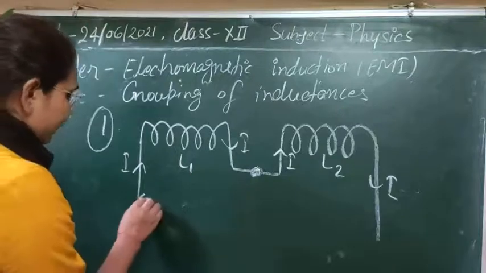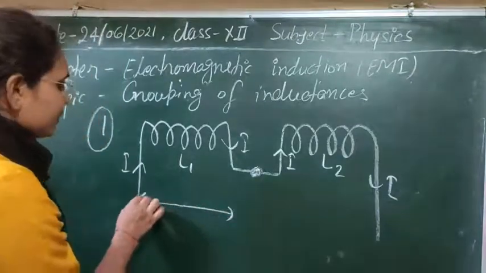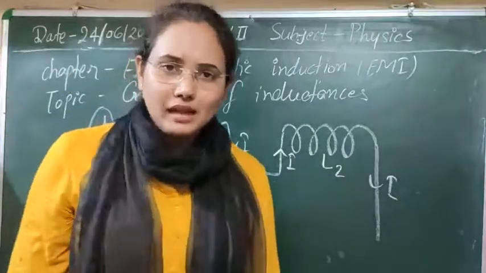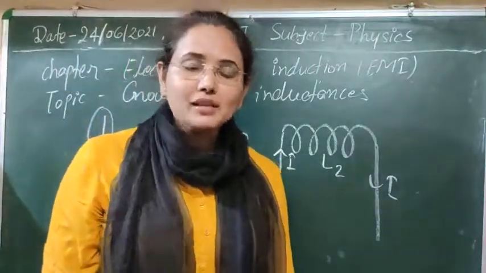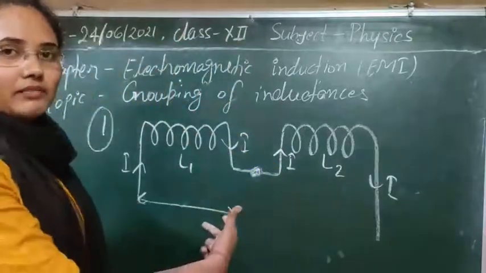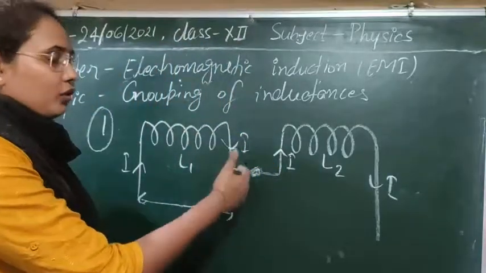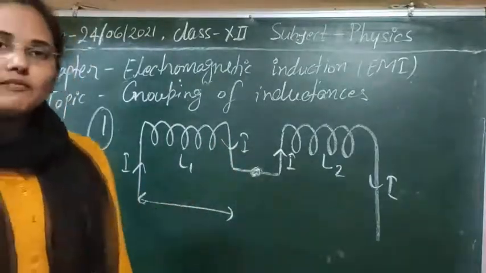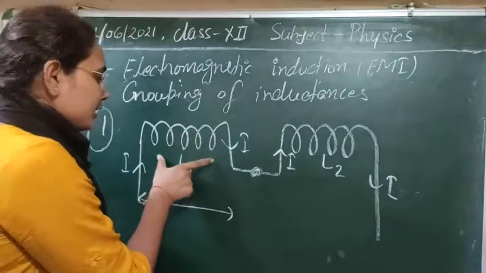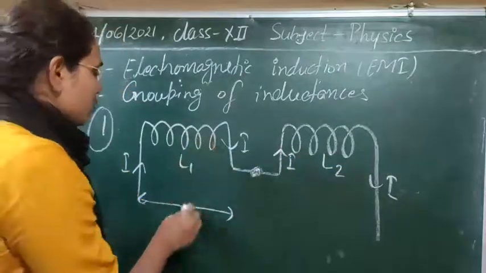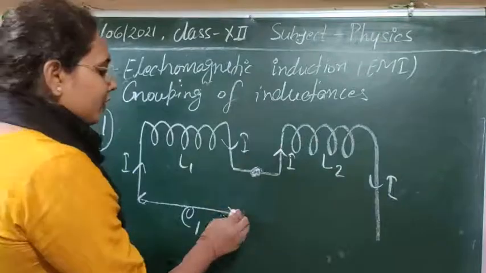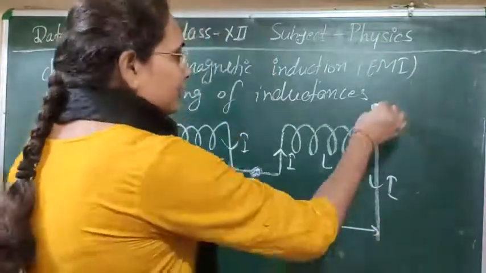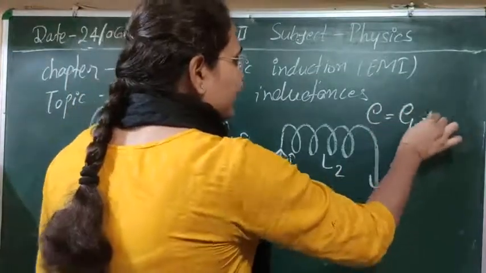Next, as you know, in series combination, the induced EMF generated due to the current I flowing through these coils is the sum of the induced EMFs of the two coils. Whenever current I flows, flux will change and some induced EMF will be generated. If E1 is the induced EMF in this coil and E2 is the induced EMF in the second coil, then the net EMF will be equal to E1 plus E2.